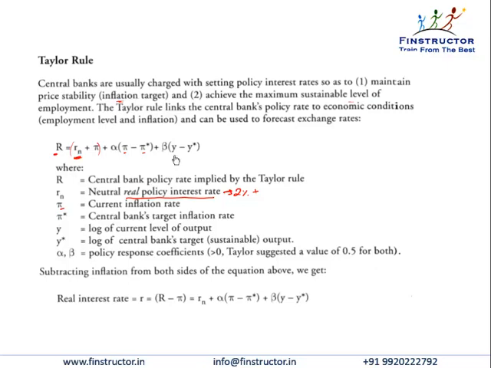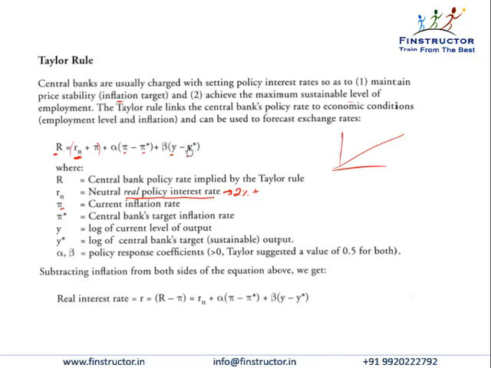The bank will also look at the output gap, that is the current GDP or the current output minus the target GDP or the target output. So there is some sustainable level of growth also that we are predicting.